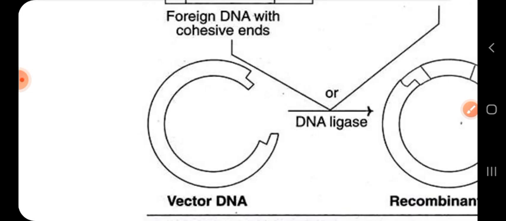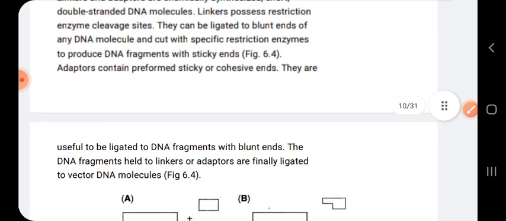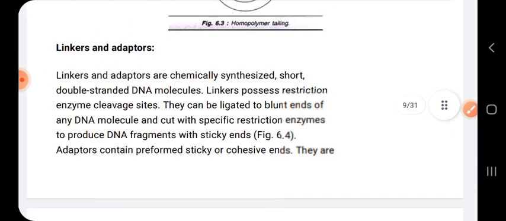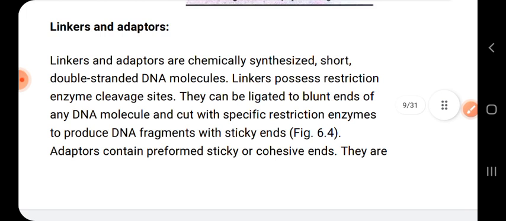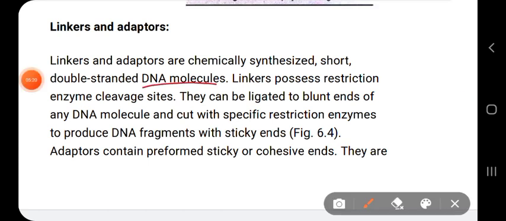Okay. So what has been written here about the linkers. Both linkers and adapters are chemically synthesized short double-stranded DNA molecules. Linkers possess a restriction enzyme cleavage site. So it has at least one or two restriction enzyme sites and can be ligated first to the blunt ends of any DNA molecule.